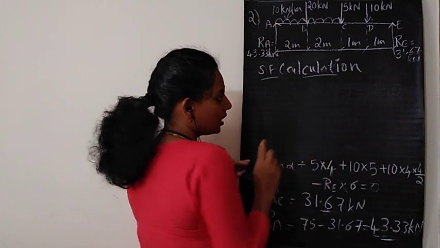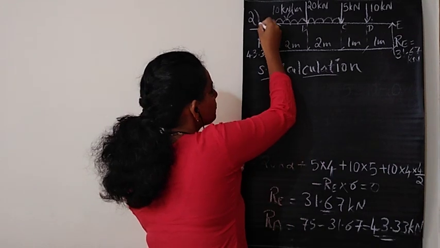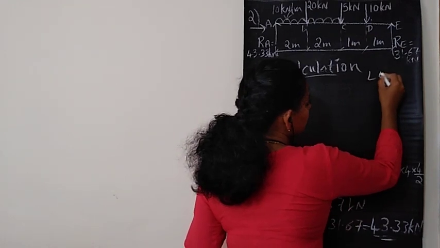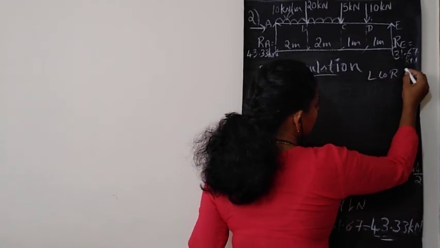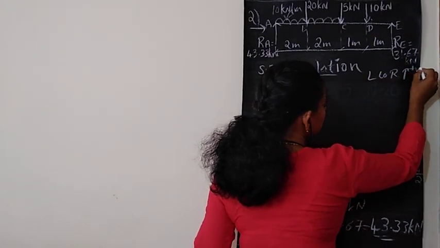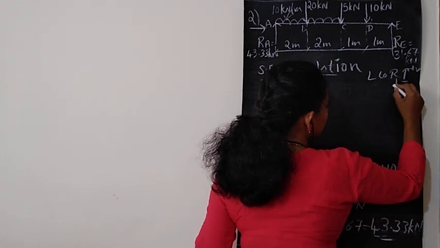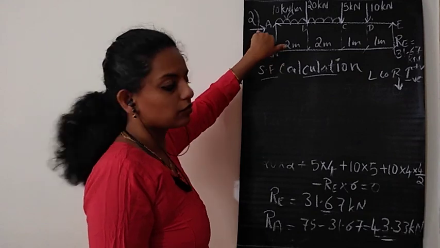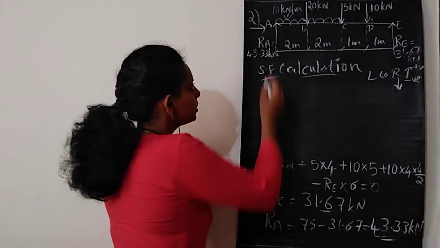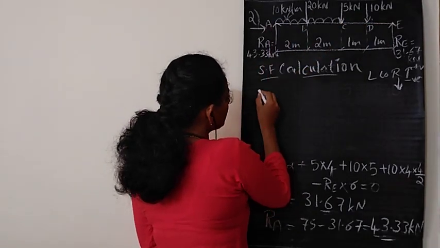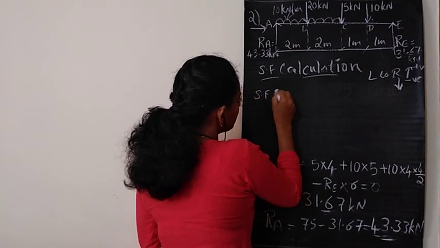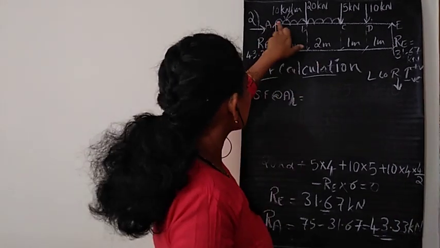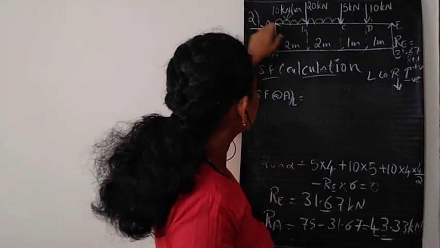I'll consider the shear force calculation from the left side. So for left to right, what is the sign convention? Consider upward as positive and downward as negative. We'll see the point A: shear force at left of A. Split it, because you have UDL in the problem.